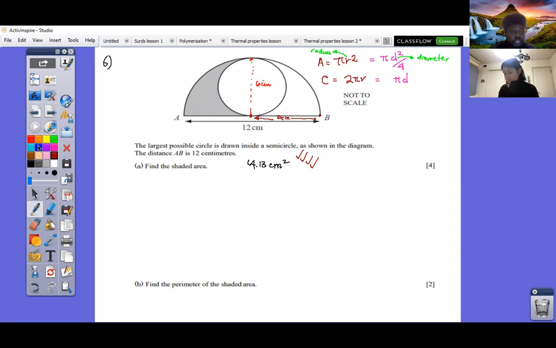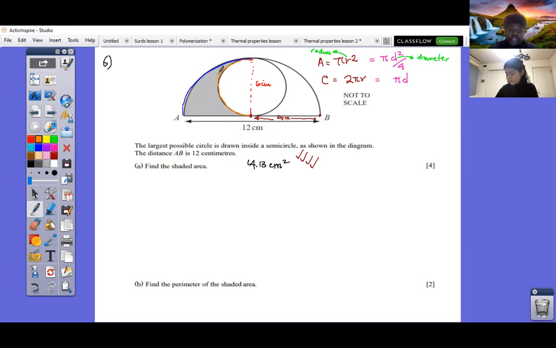So the first part here, we need to know what this length is, and then what this length is. They're both going to be the same. Well, not quite.